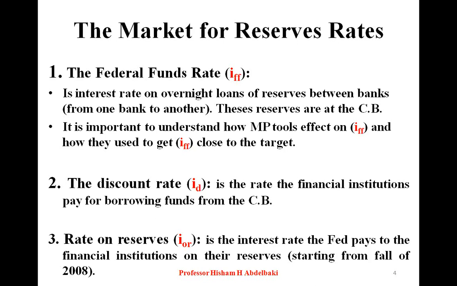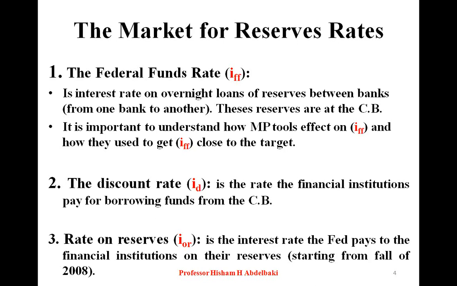So when financial institutions borrow from the central bank for a very short term overnight loan, they should pay the price. Price here is FF. FF is federal fund rate. So federal fund rate is the interest rate on overnight loans from the central bank.